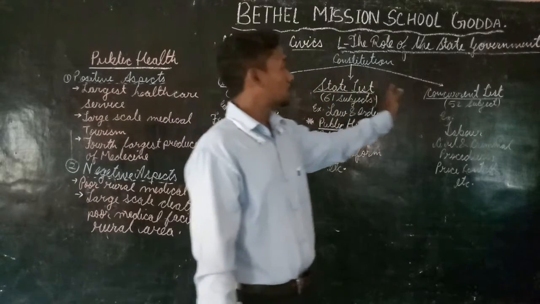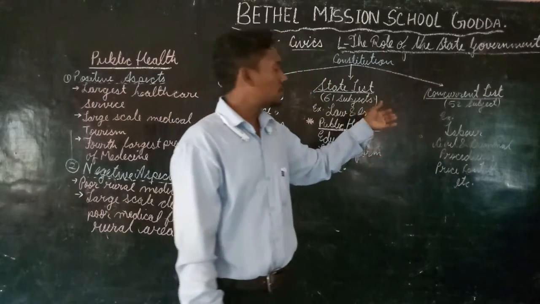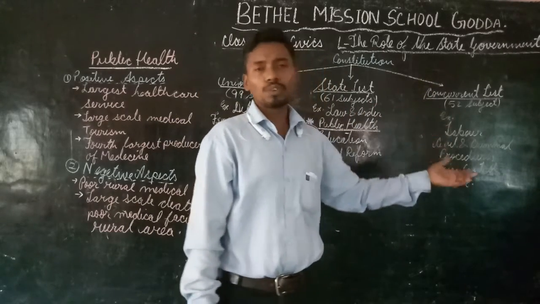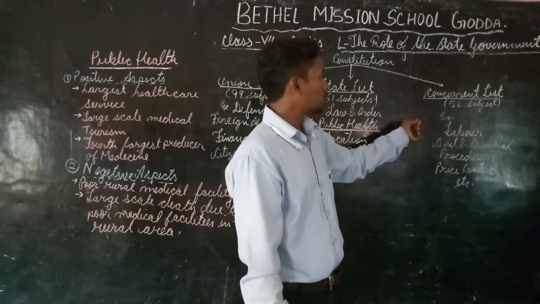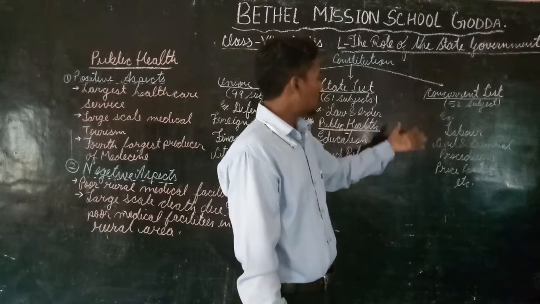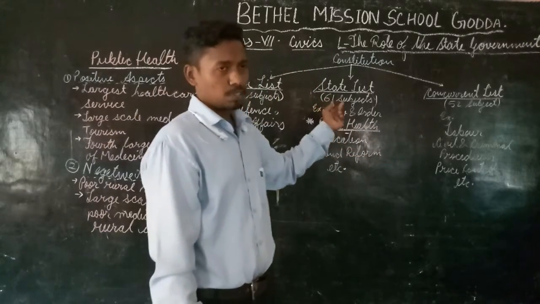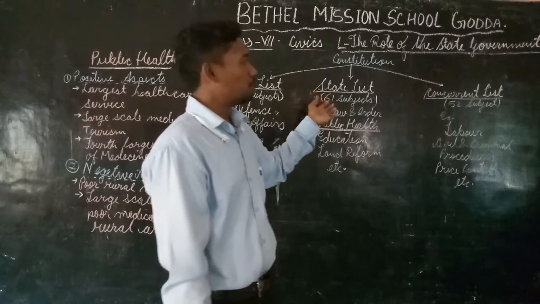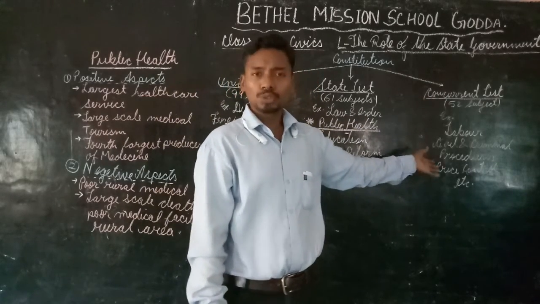Then we come to the concurrent list. Under this list there are so many works and functions, and it is a special type of list which imparts power to both the union as well as the state. The central as well as the state government both can perform these functions according to the requirement.